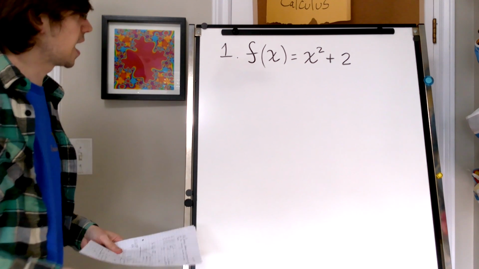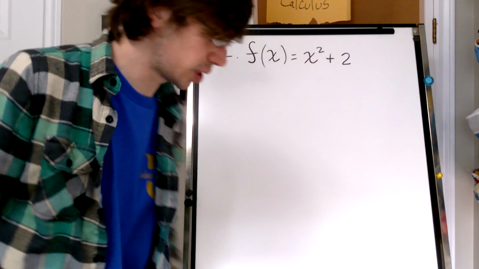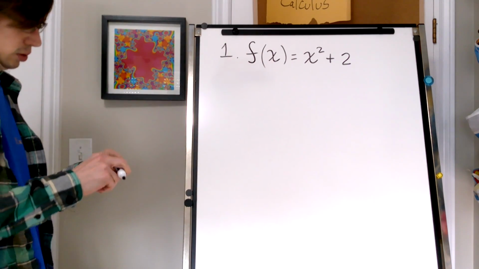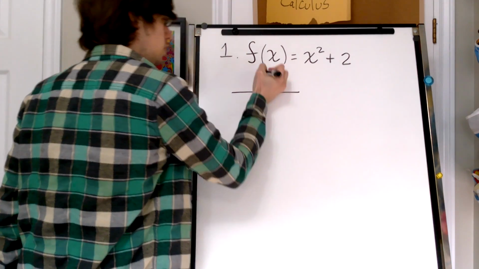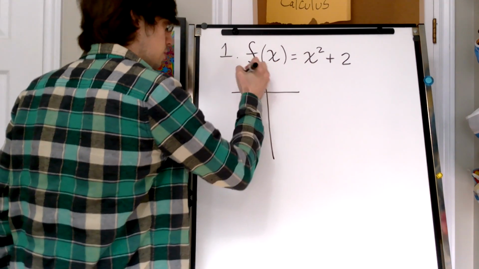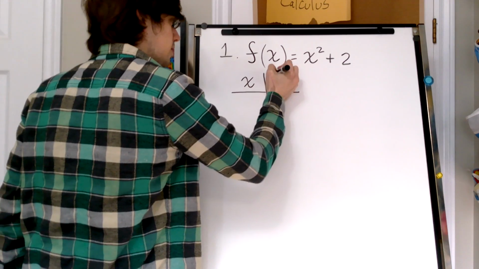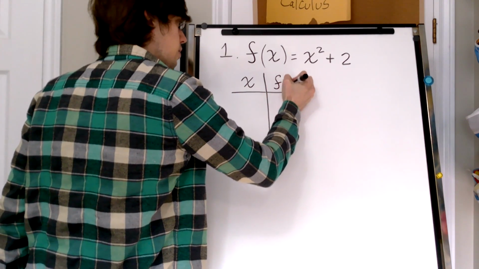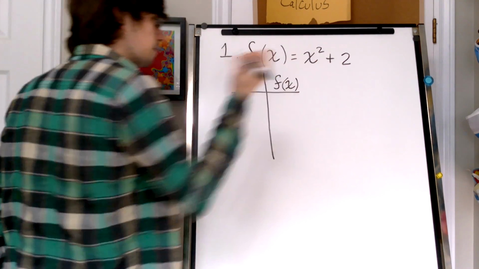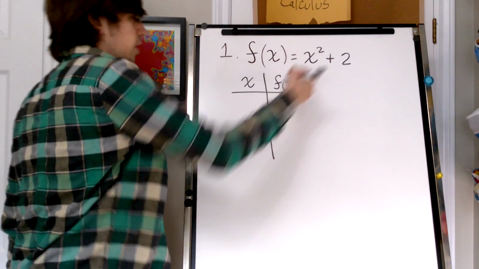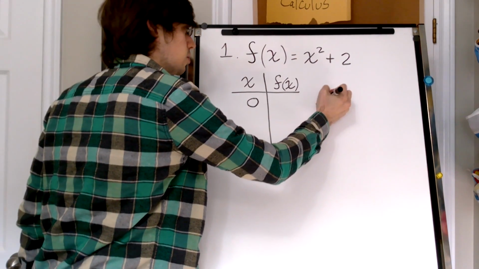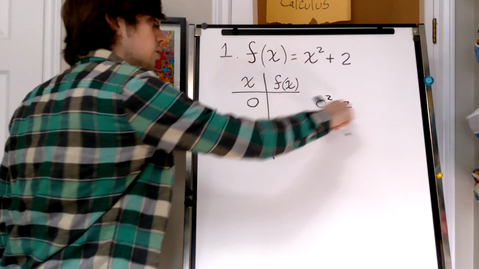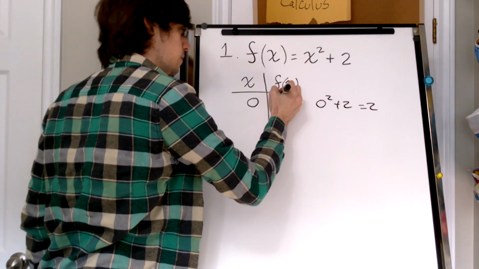F of x equals x squared plus 2. We can set up a t-table. X goes here, f of x here. If we plug in a 0, we'd get 0 squared plus 2, which is 2.